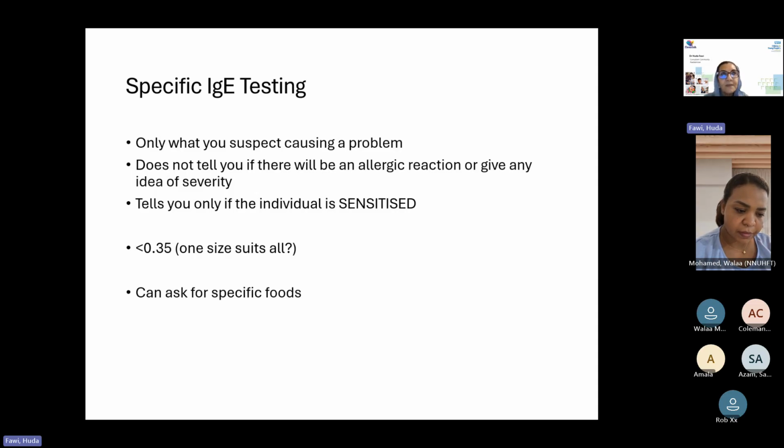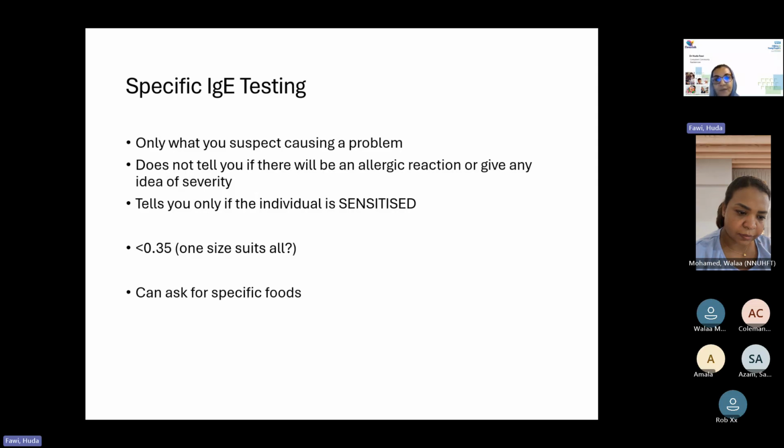A common thing is when a child is referred to an allergy clinic with abdominal pain, and you'll find that your colleague has requested the food panel, which includes eggs, milk, nuts, and all the foods, and sesame. Then comes the milk as a one or two, but the child has been able to drink milk and so on.